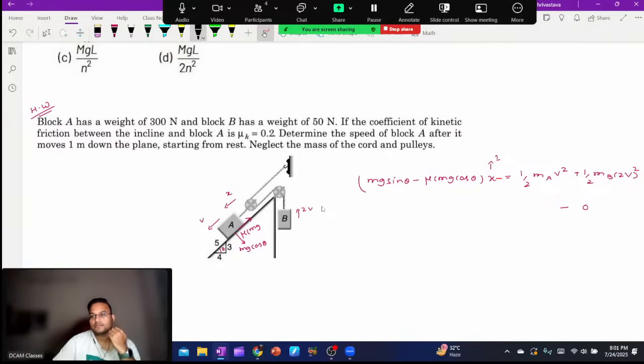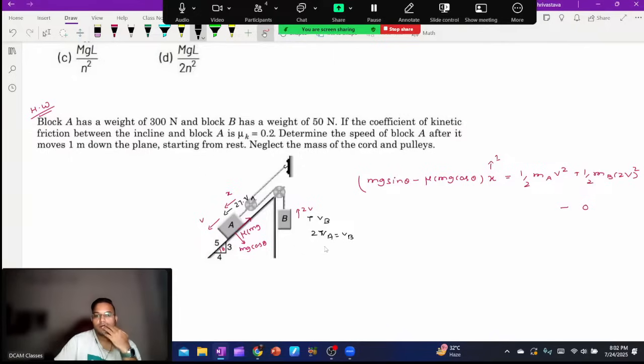I didn't take the velocity of block B. Ah, that's why. By the constraint equation here, it will be 2T. 2T into the velocity of A will be equal to T into the velocity of B. So 2VA will be equal to VB.